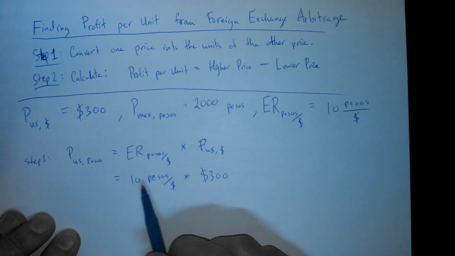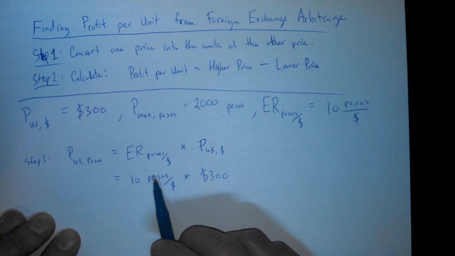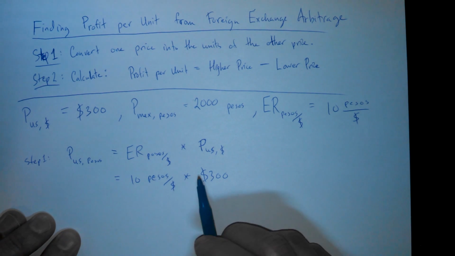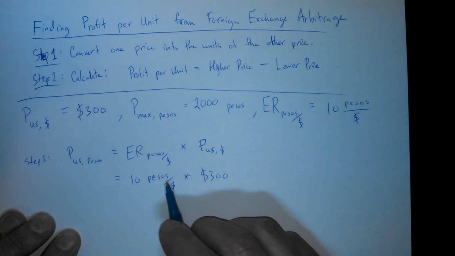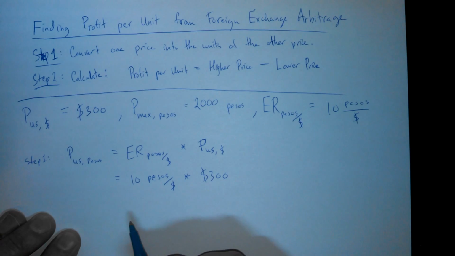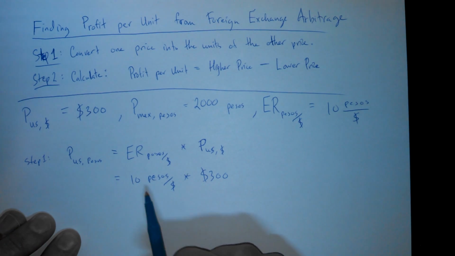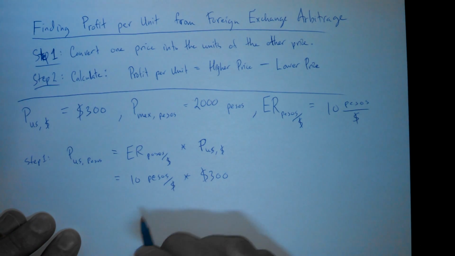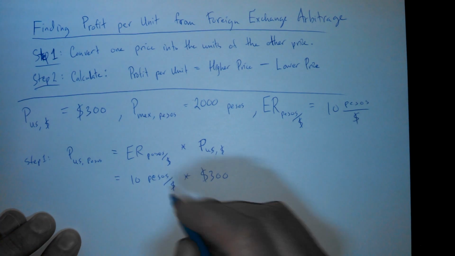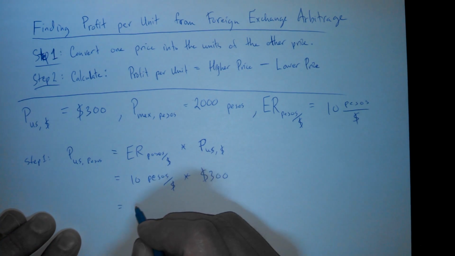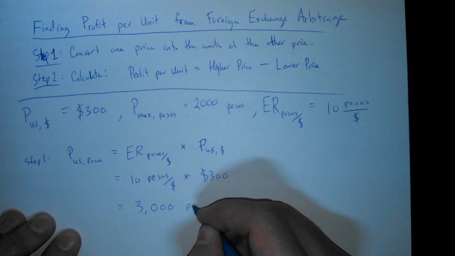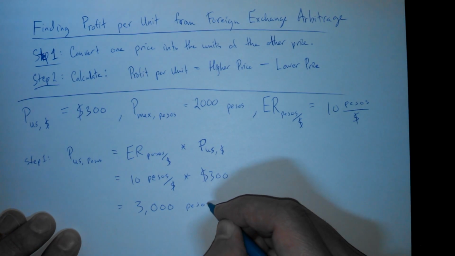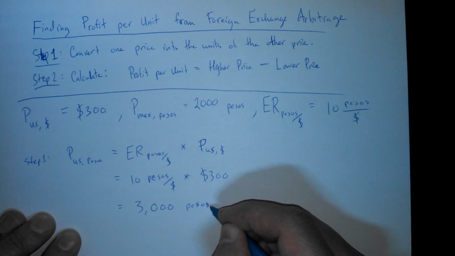The units in this equation are pesos per dollar times dollars, so the per dollar and the multiplying by a dollar cancel, and we're just left with 10 times 300 pesos, which is 3,000 pesos. Okay, so we're done with step one.